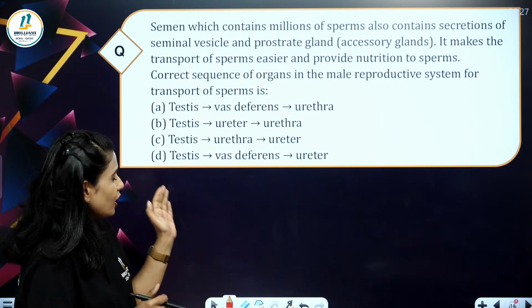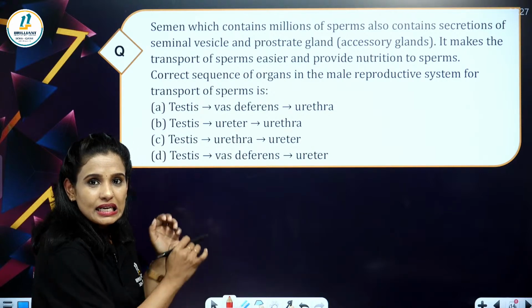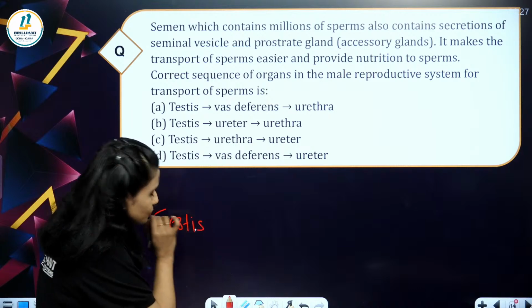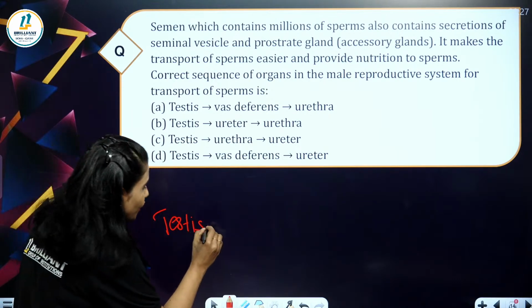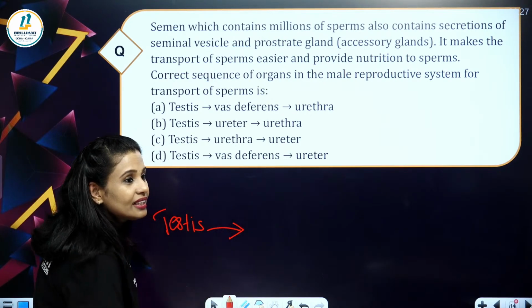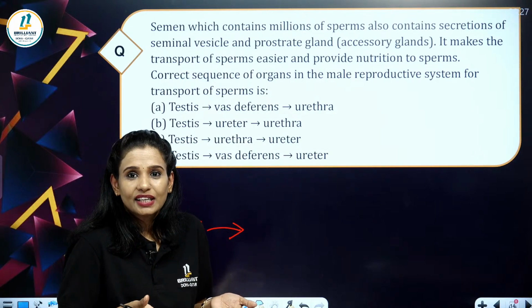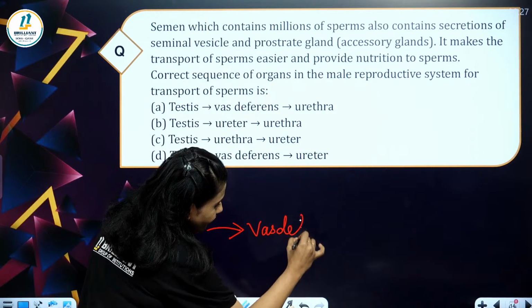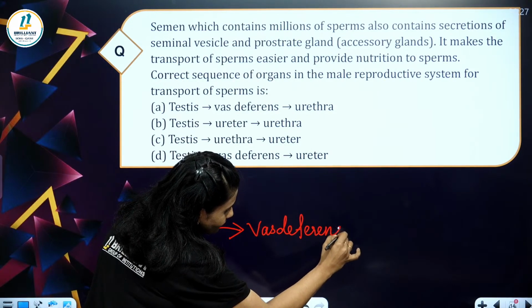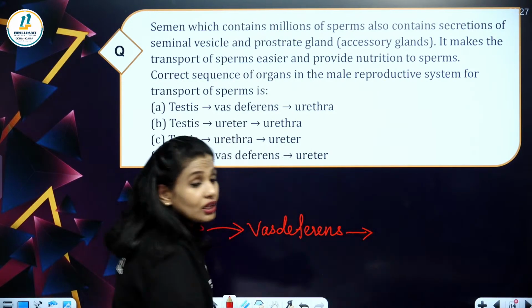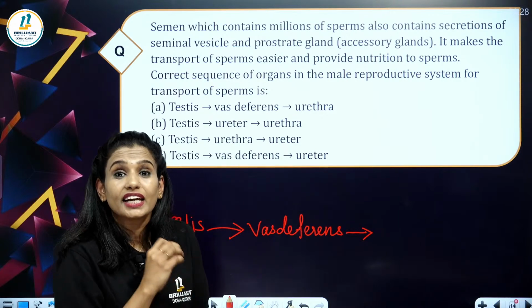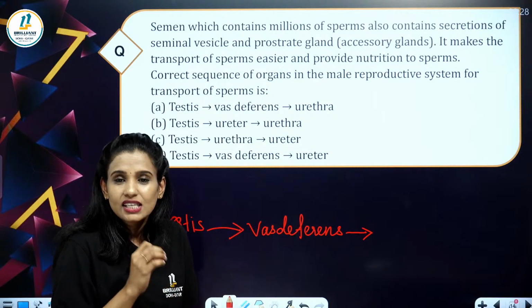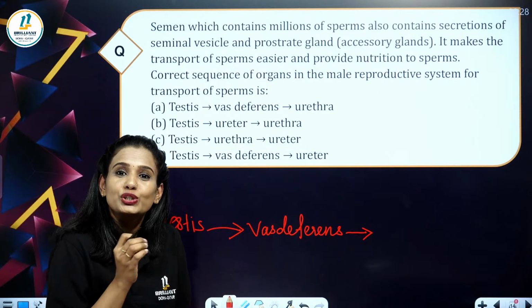It is from testis, where the sperms are produced, to the sperm duct, right? The sperm duct or vas deferens, and to the common passage for both sperm and urine.